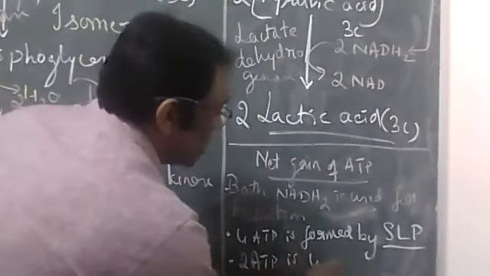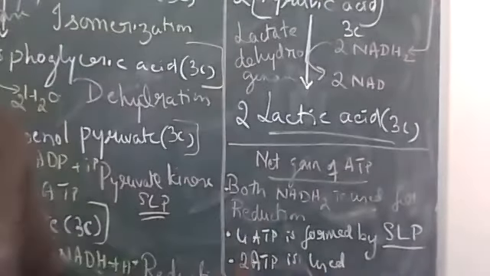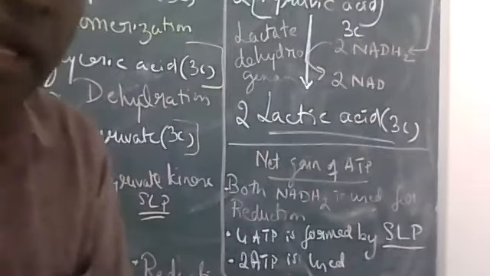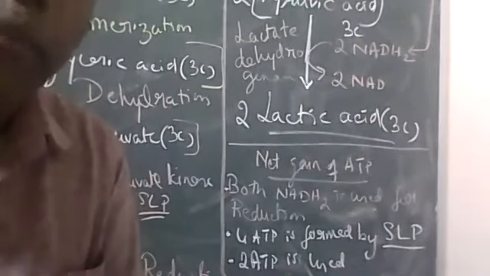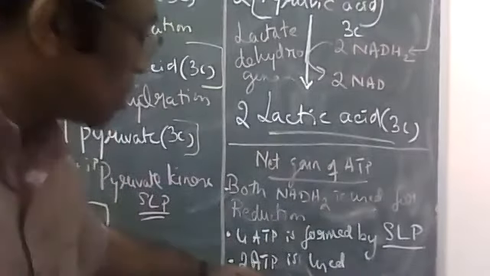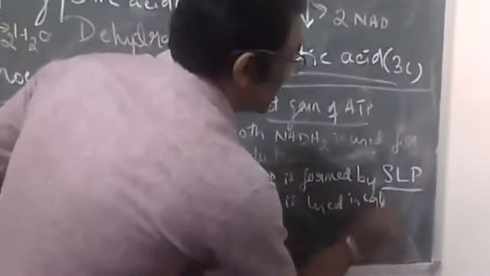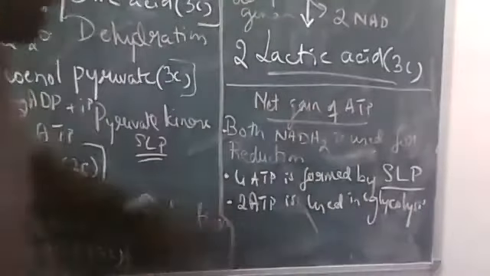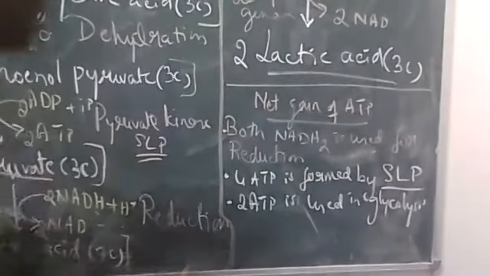Children, you can write only like this. No need to write a table now. For fermentation topics, you don't need to write a table, for EMP, HMP, ED and all. You can write in points. I'll send you notes for this. 2 ATP is used in glycolysis.